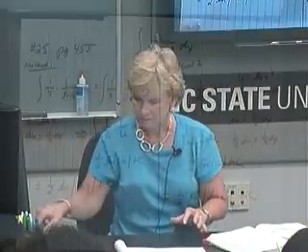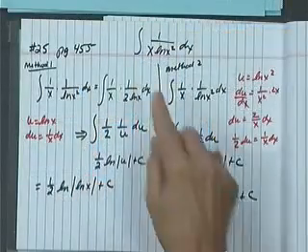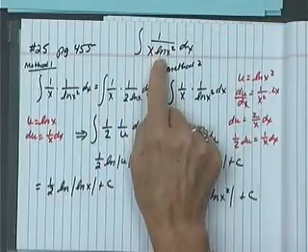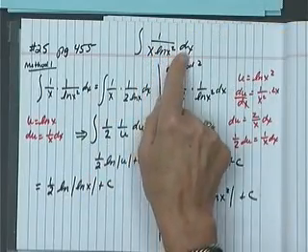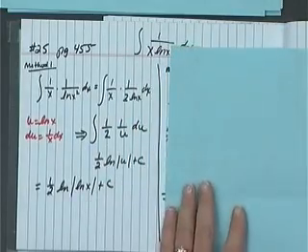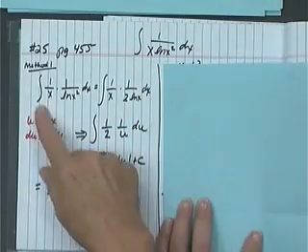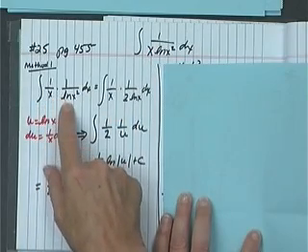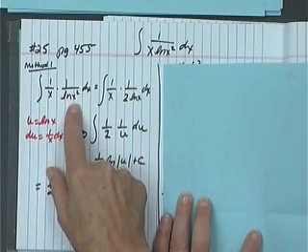All right, so let's first revisit page 455, number 25, and I rewrote it from last time. The problem was the integral of 1 over x, natural log of x squared dx. And the way I worked it was I rewrote it as 1 over x times 1 over natural log x squared.